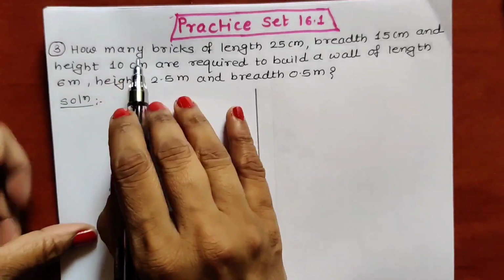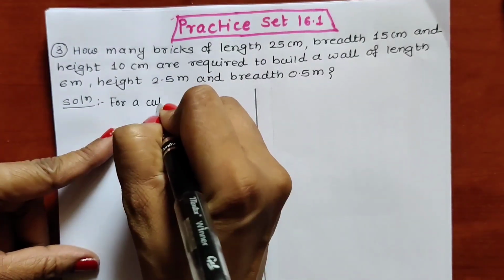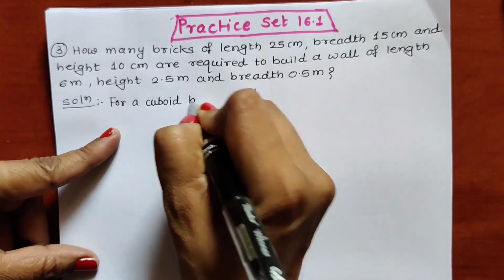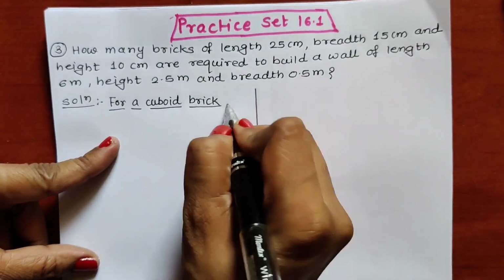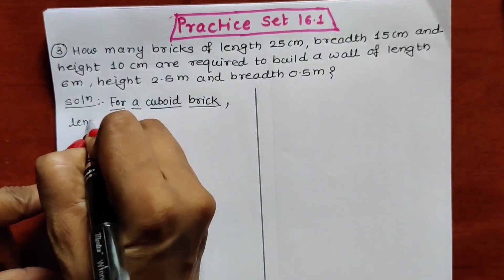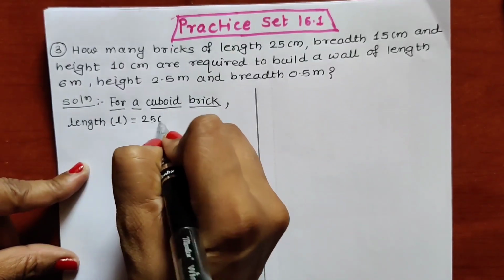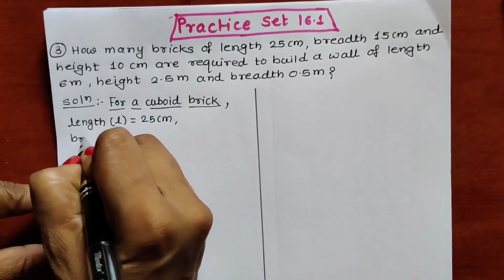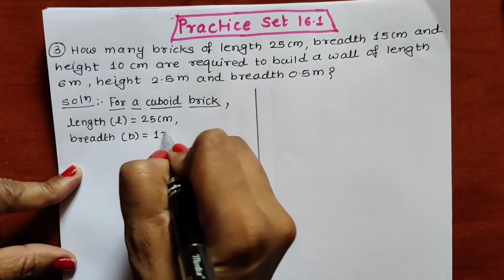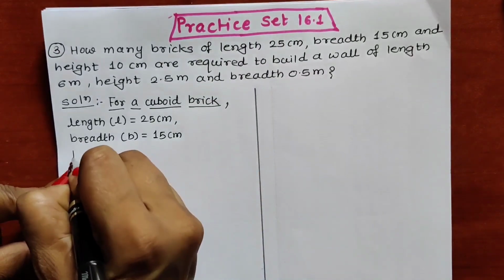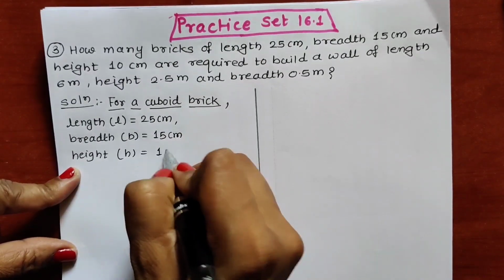We will start from the bricks. For a cuboid brick, we write all the dimensions of brick. Length L is equal to 25 centimeter, breadth B is equal to 15 centimeter and height H is equal to 10 centimeter.